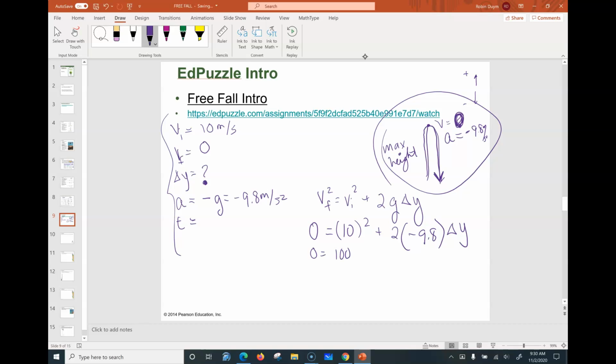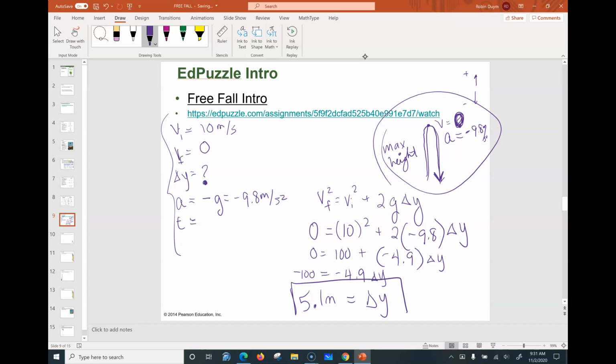So we get 100 plus negative 4.9 delta y, and then take the 100 over, and then your delta y turns out to be 5.1 meters.